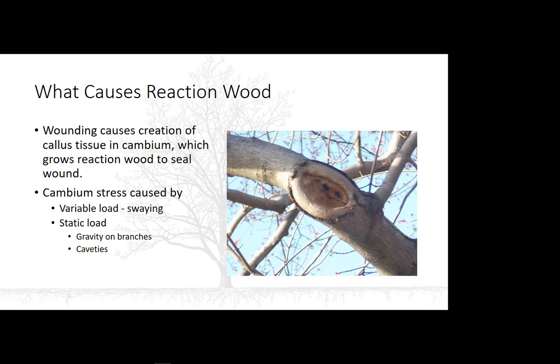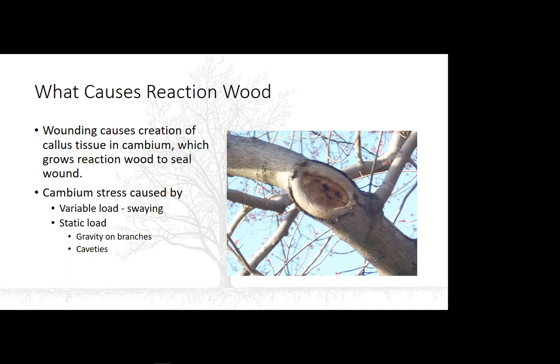There is also reaction wood that's created by stress on the cambium. And that stress can be caused by a variable load, which would be swaying, where the cambium is going into compression and tension in a repeated cycle as the tree sways in the breeze. But it's also created by a static load, which would be gravity pulling down on the weight of the tree.